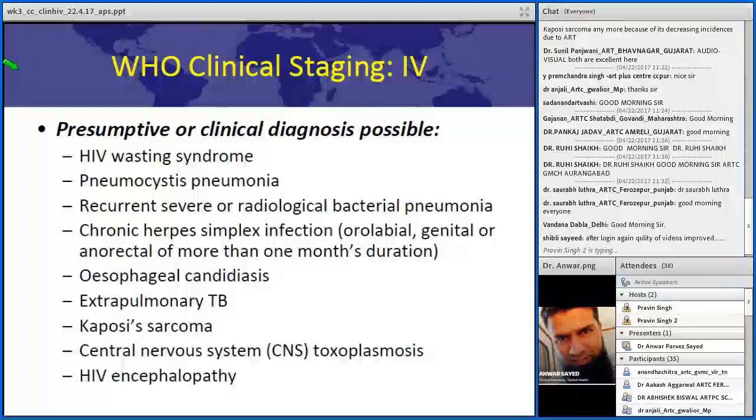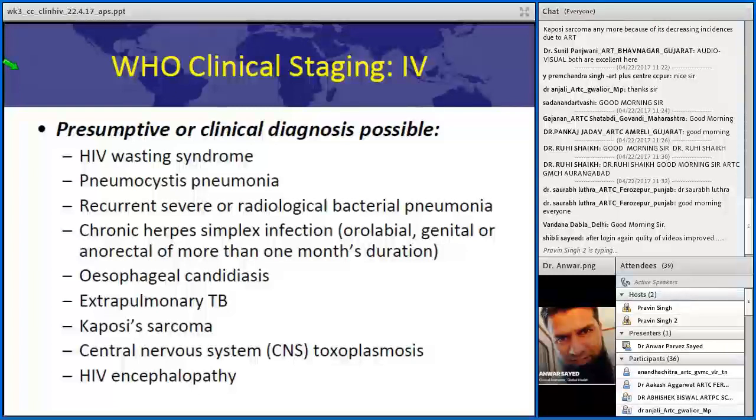Recurrent severe or radiological bacterial pneumonia, chronic herpes simplex. Now herpes, you need not do lab diagnosis for that. So herpes simplex, again we are just seeing the clinical presentation, we start with the treatment, people respond to the treatment, and we document that as a herpes simplex. Esophageal candidiasis, same situation. Extrapulmonary tuberculosis, especially in cases of abdominal TB, for example.